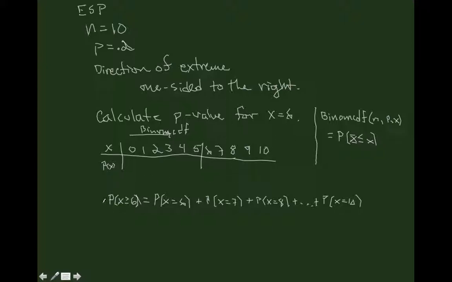So what we have to realize to use binomial CDF is that the probability that x is greater than or equal to 6 is equal to 1 minus the probability x is less than or equal to 5.